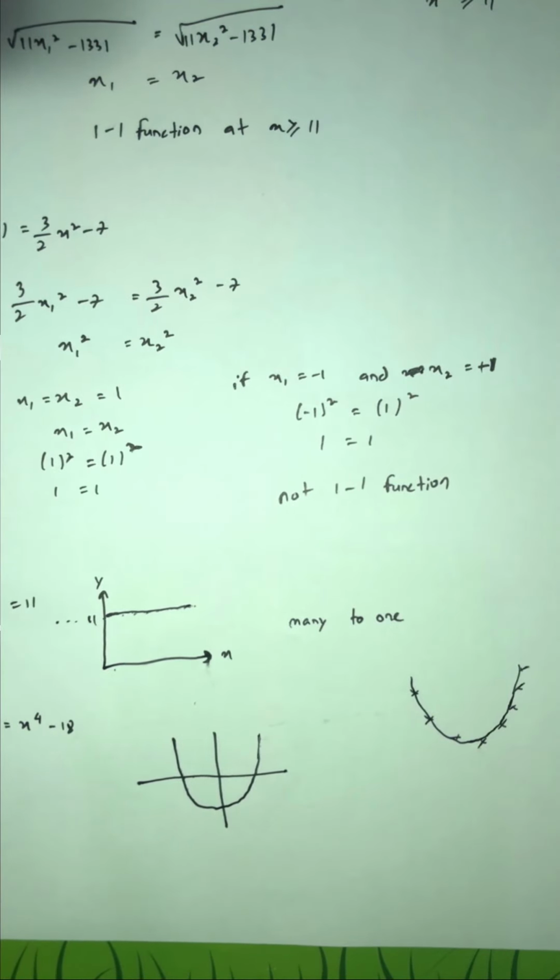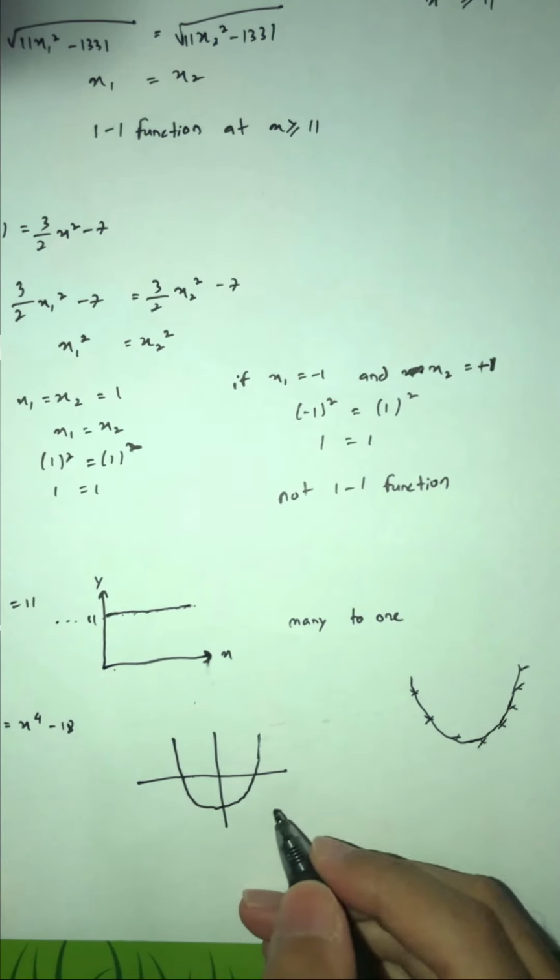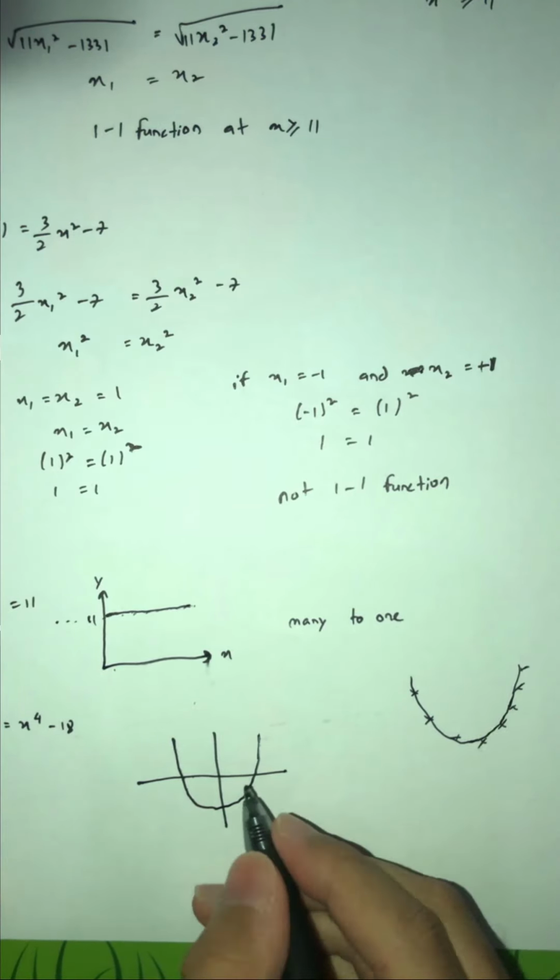You just want the shape, right? You don't need a very accurate plot. So that is one way you can do it. So this, when horizontal line test will give you two intersections. So it is also many to 1.